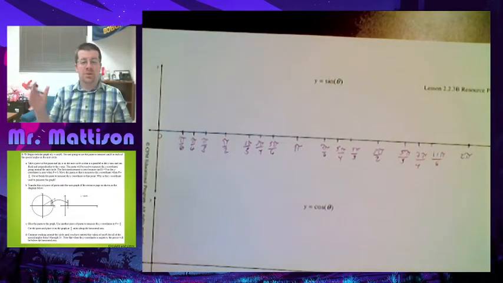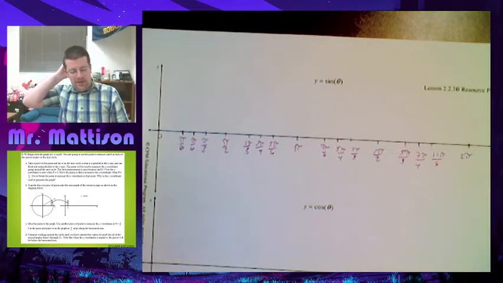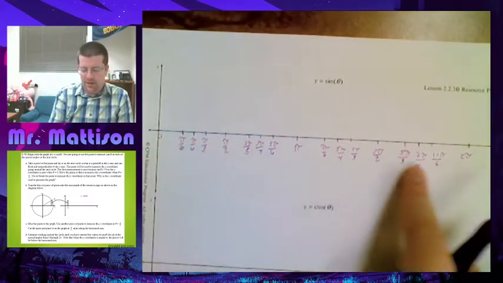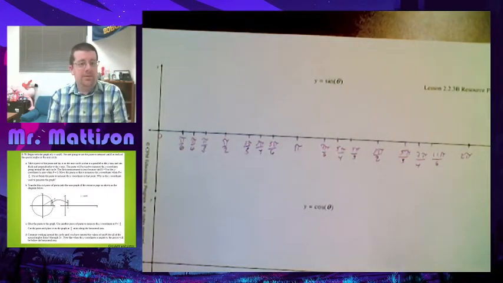Okay, so we get effectively all of those measurements laid out kind of flat.